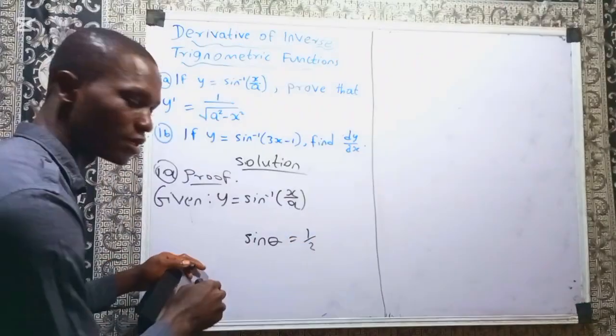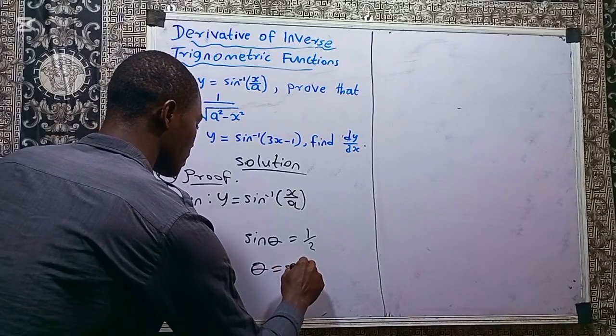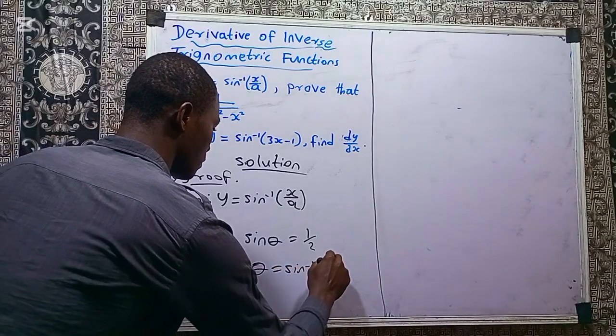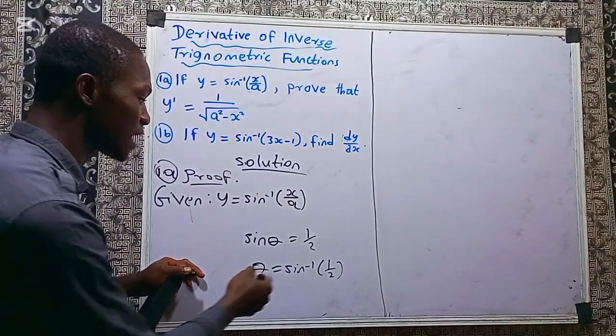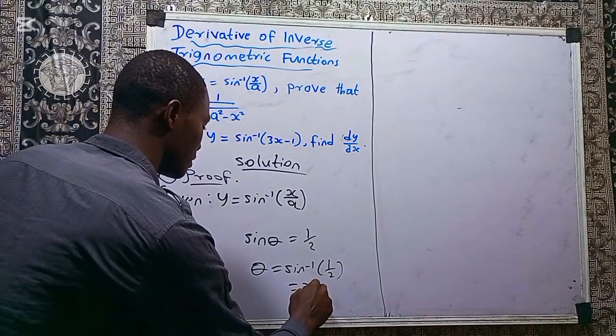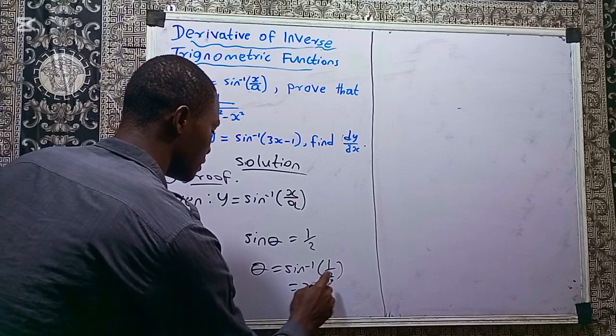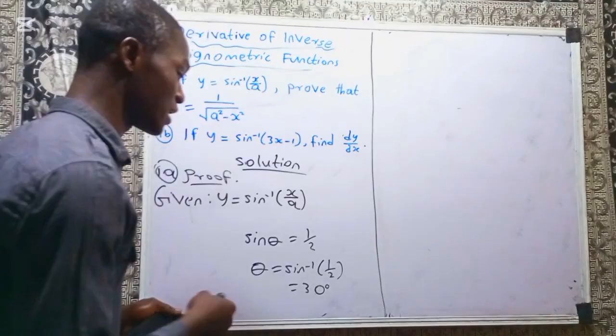How do you find your theta? We normally say theta is equal to sine inverse of 1 over 2, right? But what is sine inverse of 1 over 2? Which is 30 degrees, right? Sine inverse of 1 over 2 is 30 degrees.